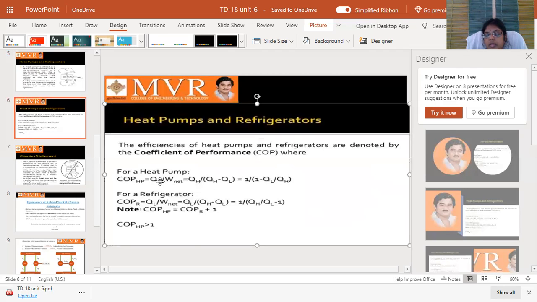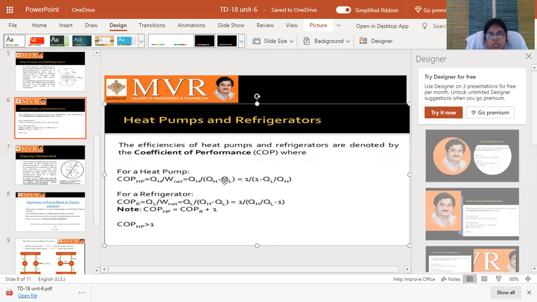Remember one thing: our heat pump desired effect is QH, divided by work done net, which is the same. The work done is the same for heat engine and heat pump, so both get the same net work done.